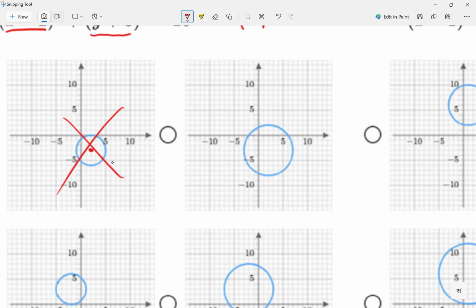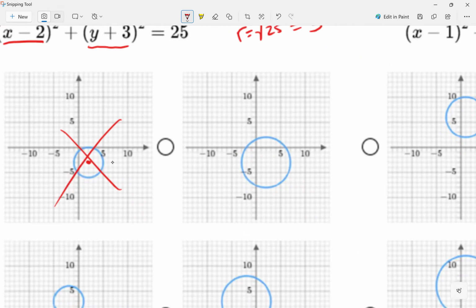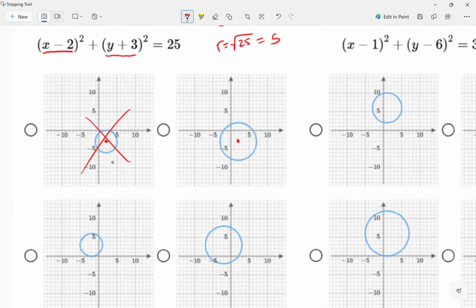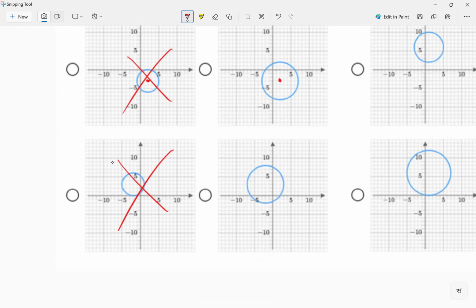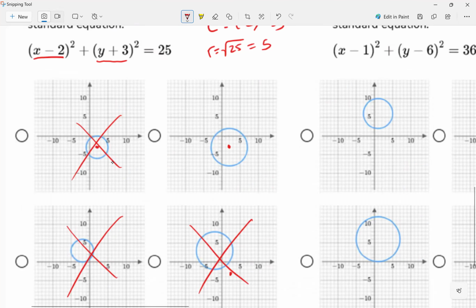Not a possible choice. Now here, is this 2, negative 3? If I go 1, 2, and 3 down, that could be the center of the circle. Okay. I'm going to say this third one is not it. And then this one, let's see, 2, negative 3. Oh, that's not it either. So that's definitely it.